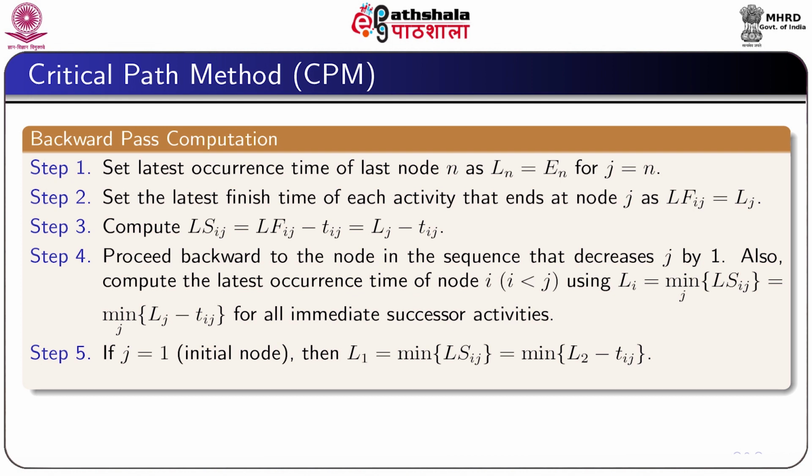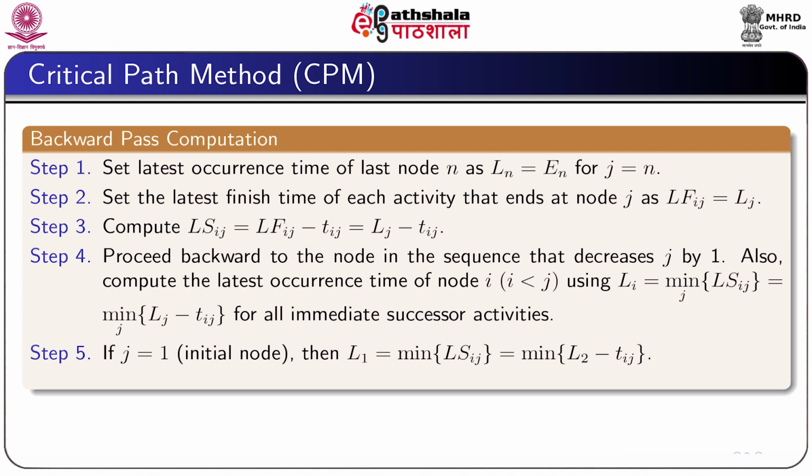Then compute LSij equal to LFij minus tij, tij is the activity time. So, we get LSij equal to Lj minus tij.